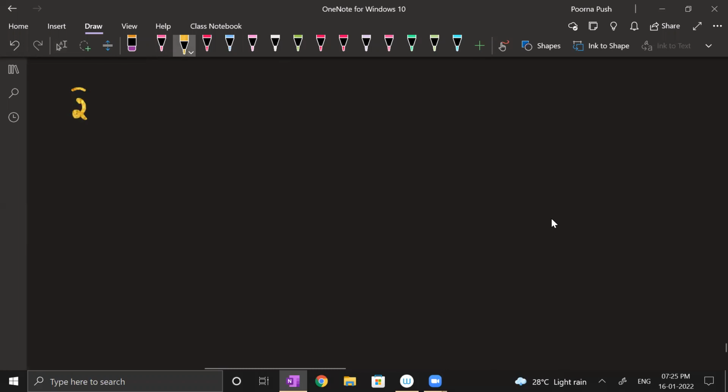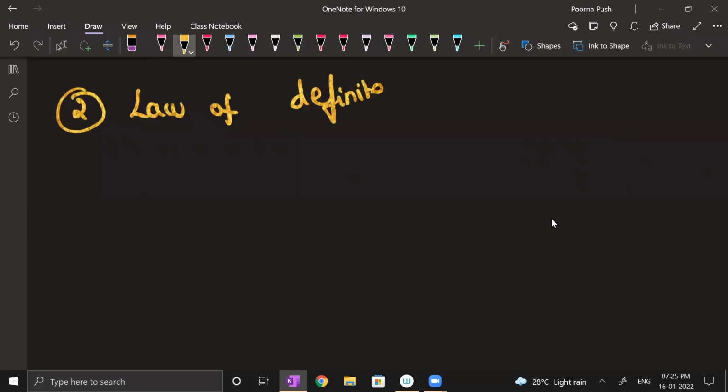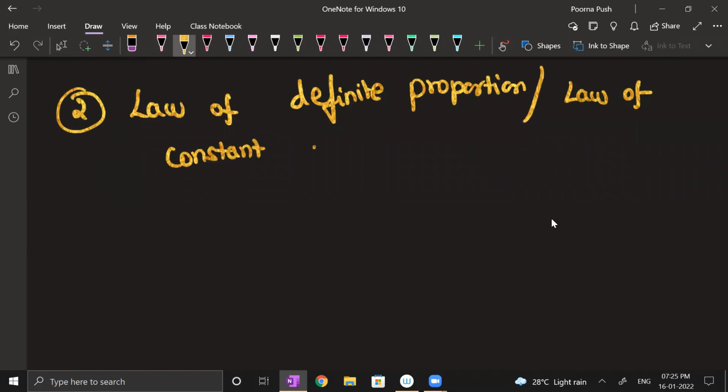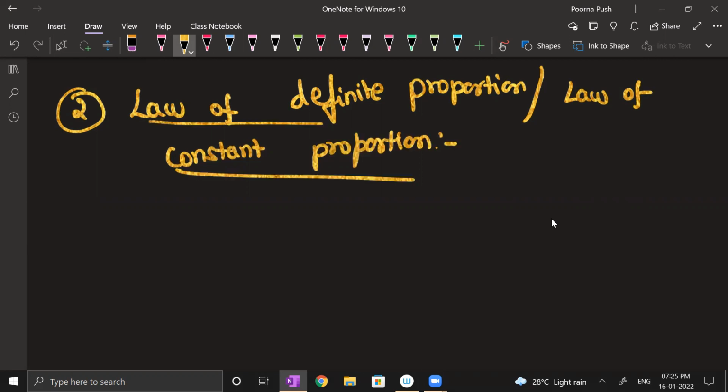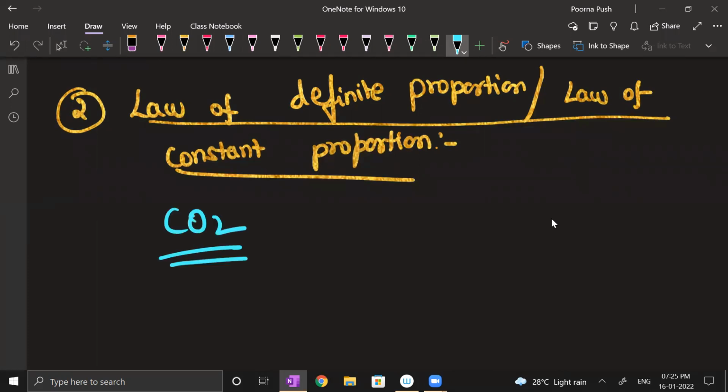Law of definite proportion, or law of constant proportion. Seema, now I need to prepare CO2.